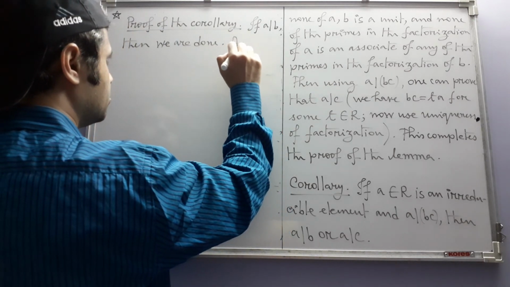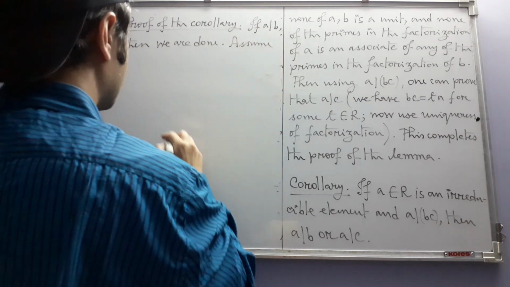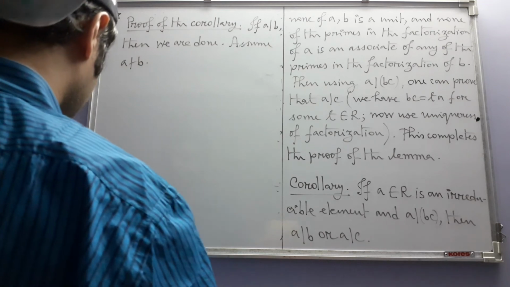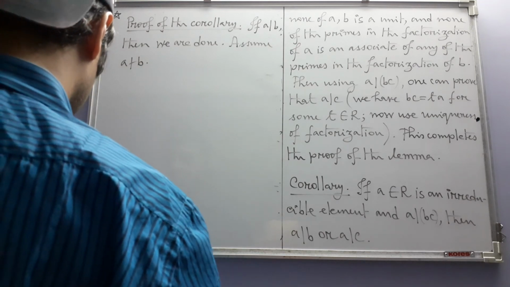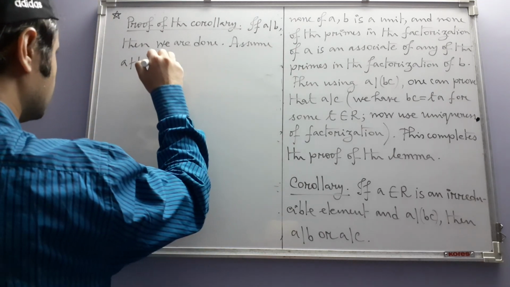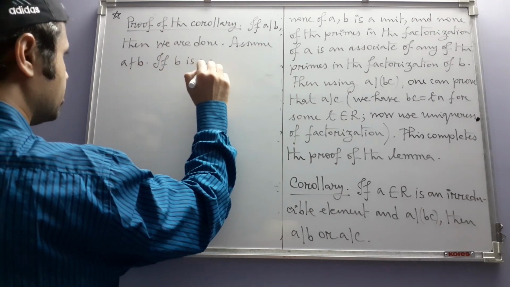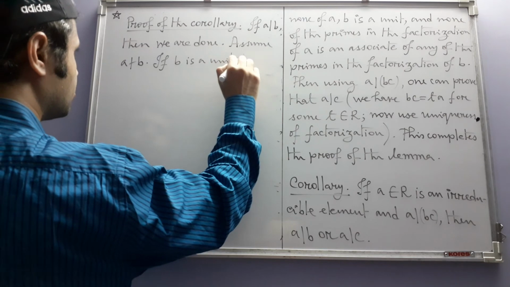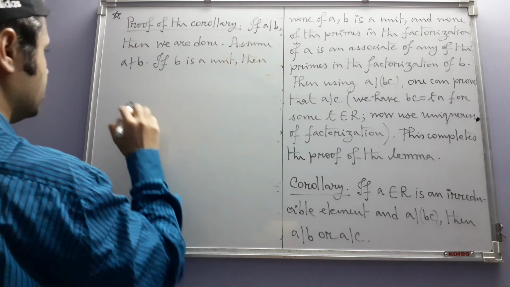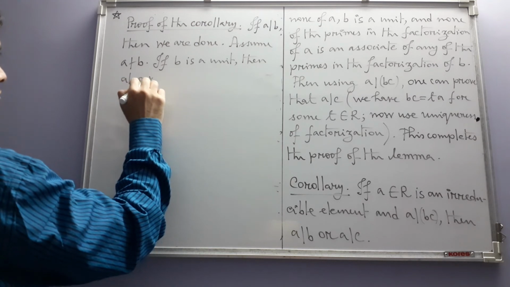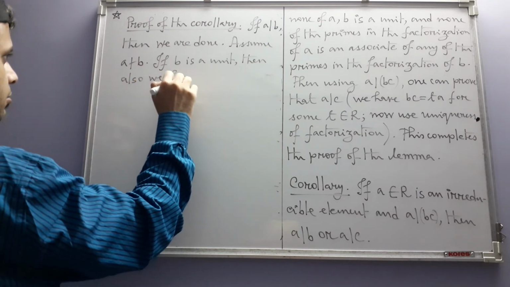So assume A does not divide B. If B is a unit, then also we are done.